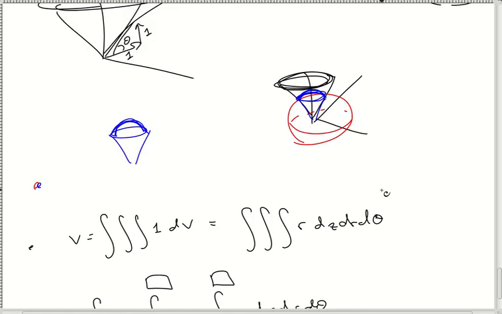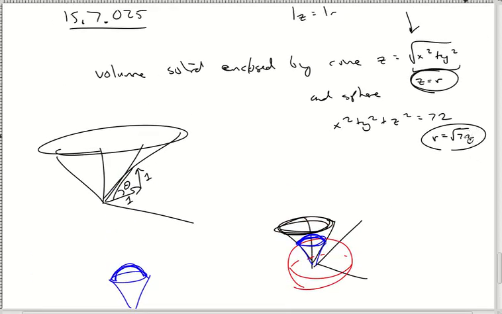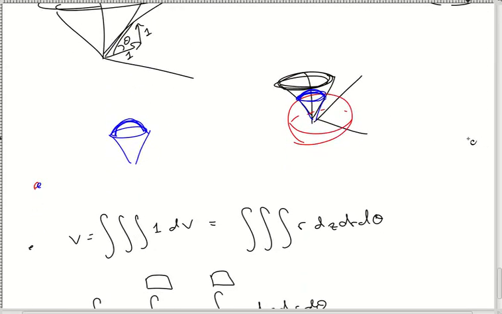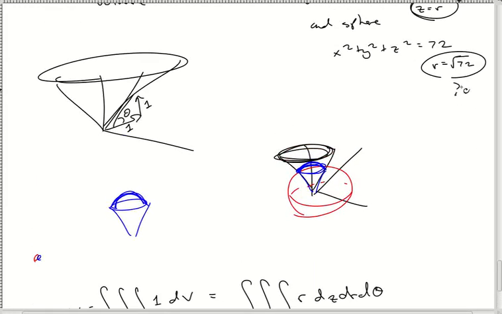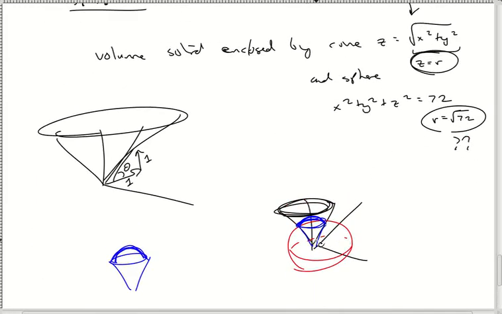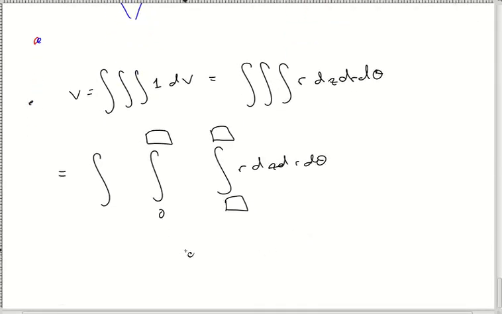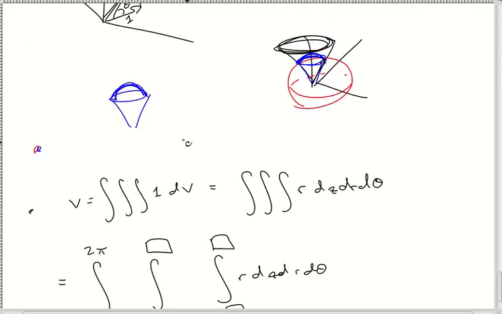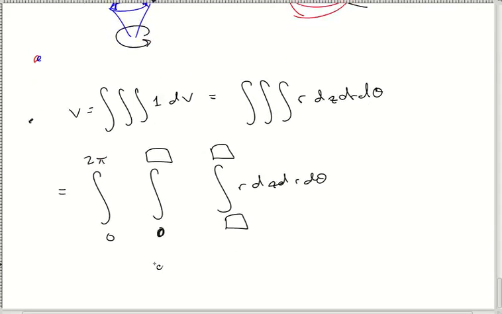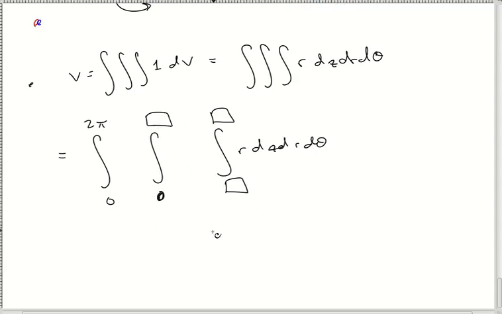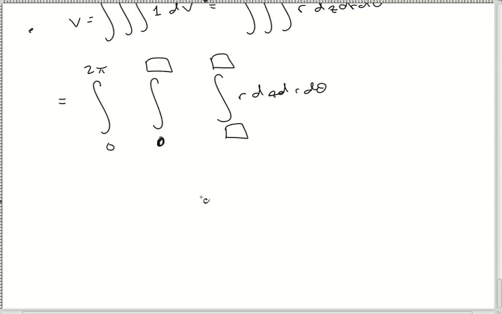I'm thinking that my answer is going to be square root of 72 or something like that, but I'm not 100%. I'm a little questioning this because we didn't really go out all the way to the sphere all the time. So let's just hang on to that one for a minute. I don't know, but 0 for sure is where we're starting. And then I think the theta is going to be easiest, 0 to 2 pi, because we're certainly going all the way around for sure. So that's easy. I need to fill in these other missing gaps, essentially.